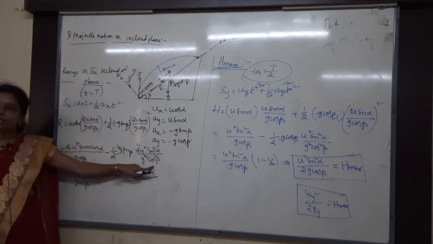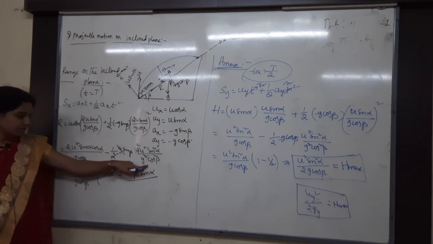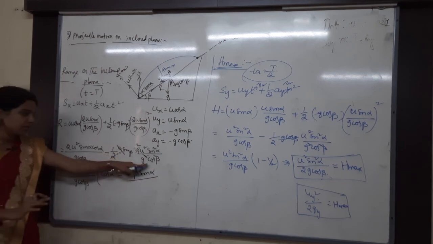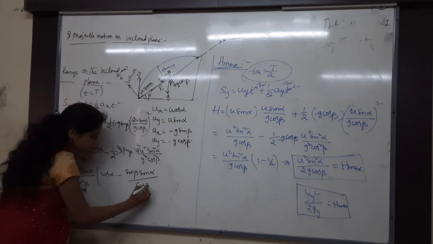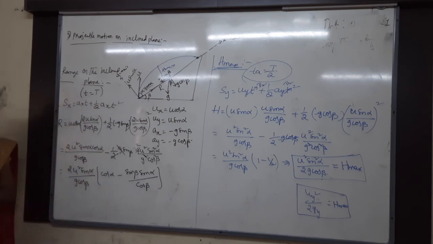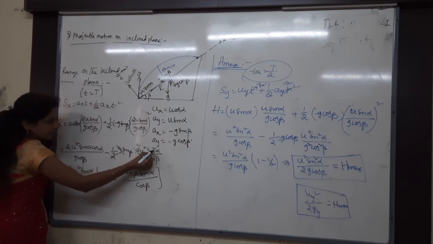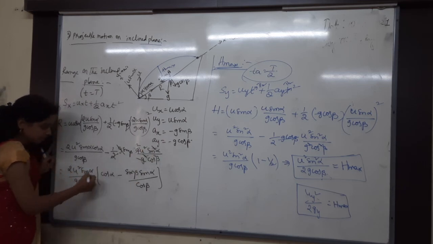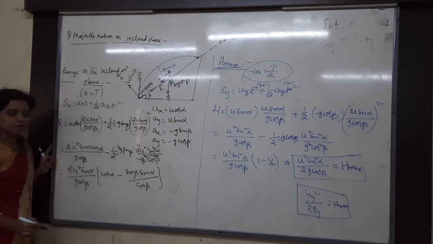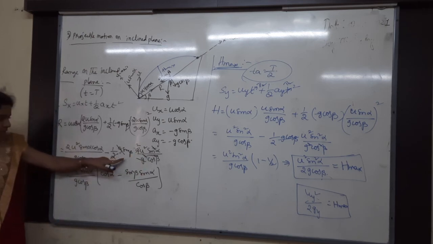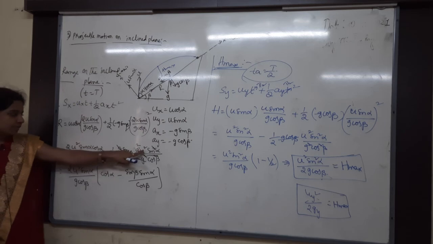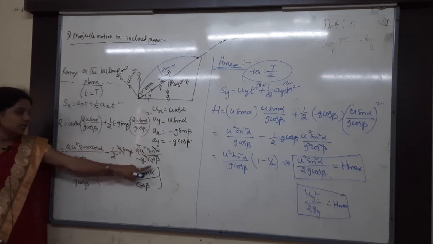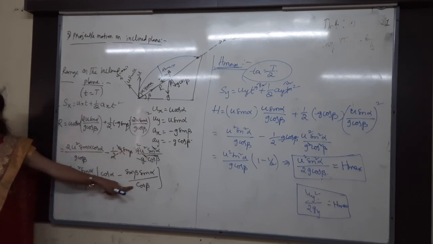What is remaining here? g cos beta is remaining. One of the g also got cancelled, then only cos beta is remaining. Understand it? Everybody see that? I have taken sin alpha outside, sin alpha gone. g cos beta I have taken outside, g gone, and then one of the cos beta gone. Then what is remaining here? Only sin beta, sin alpha and cos beta are remaining.